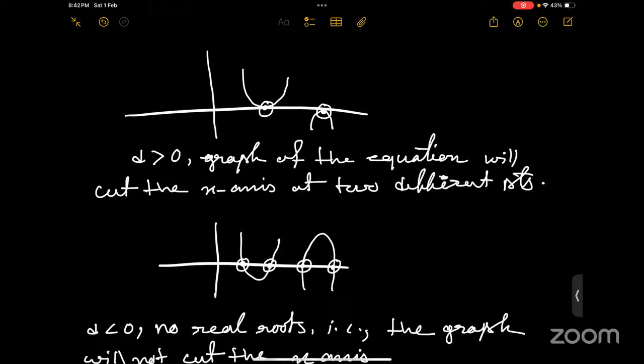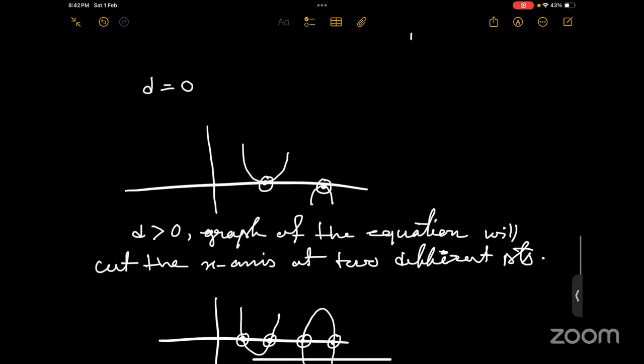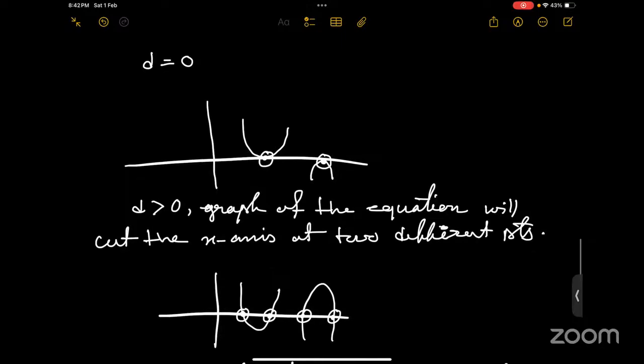So the number of x-intercepts is basically equal to the number of roots. Here, for the first picture, we can see the number of x-intercepts is 1, right? At one point, the x-axis and the curve just touched. That means the number of intercepts is 1, so the number of roots is 1.